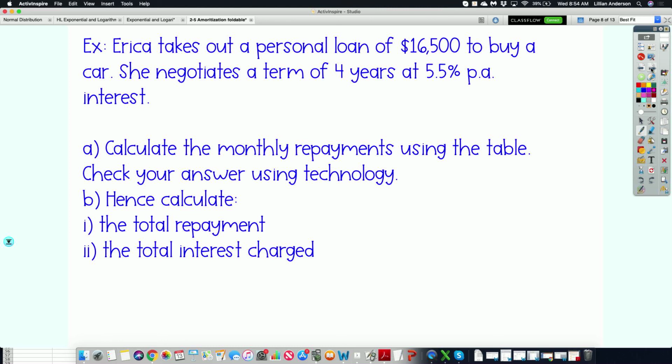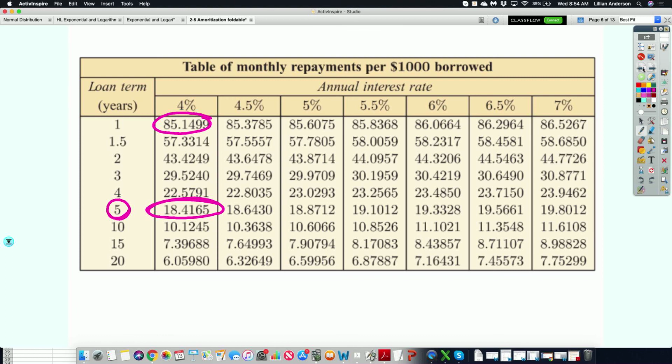Here we go. We're going to calculate the monthly repayments using the table that was on your previous page, but then we're also going to do it using our calculators. A couple of things we need to know in order to use the table: we need to know our interest rate, and we need to know the length of time, to know how much you're going to pay a month. So let's go back and look at our table.